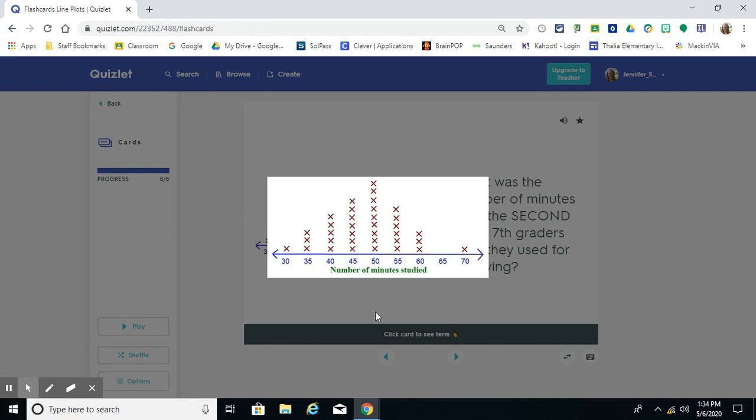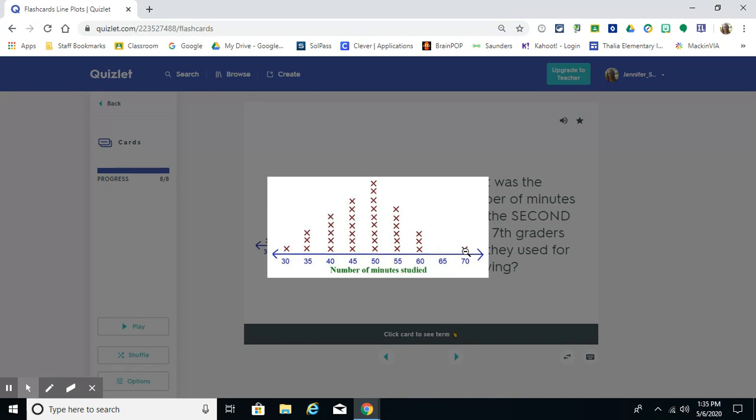For this question, at least 45 minutes, that means you include everybody who studied for 45 minutes, as well as everyone who studied for longer. 1, 2, 3, 4, 5, 6, 7, 8, 9, 10, 11, 12, 13, 14, 15, 16, 17, 18, 19, 20, 21, 22, 23, 24, 25, and 26. 26 students studied at least 45 minutes.